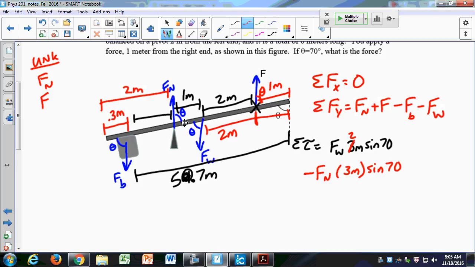And then the third torque is this Fb, which is going to cause counterclockwise torque, I think. So it's plus Fb times 5.7 times sine of 70. And that's all equal to 0.